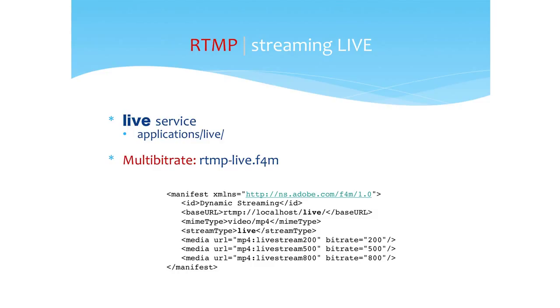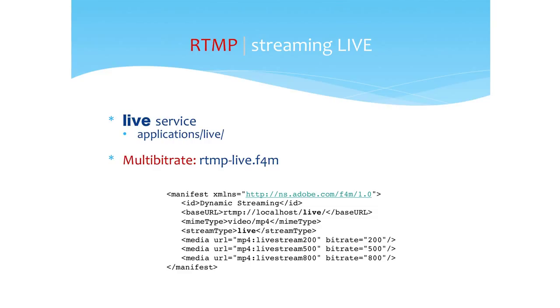And this is what the manifest for that would look like. Basically the same. You just have the base URL is different because you're pointing to live instead of VOD. And then you specify the stream type of live. And then you have the bit rates here. So I'll show you how we do that.